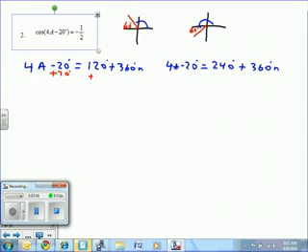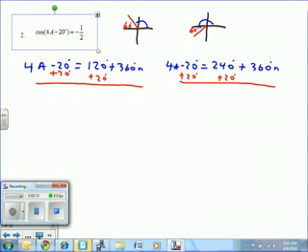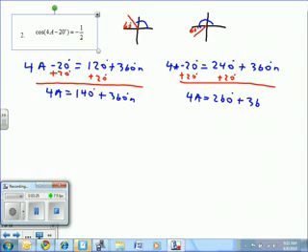Add 20. And you end up with 4a equals 140 degrees plus 360n, and 4a equals 260 degrees plus 360n.